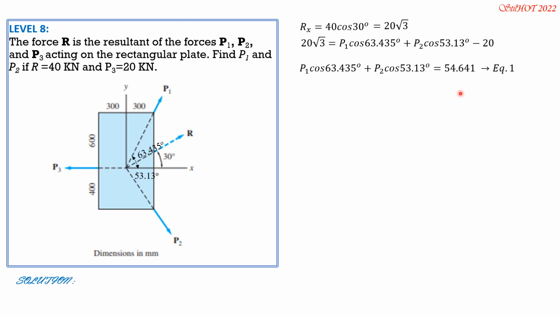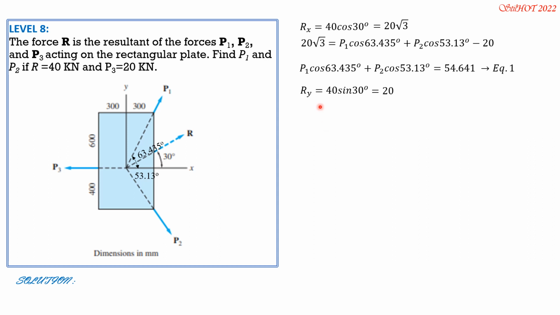Call that equation 1. Then Ry is the magnitude of R, 40 sine of 30, positive, going up. So Ry is 40 sine 30 and it is equal to 20 kilonewtons.